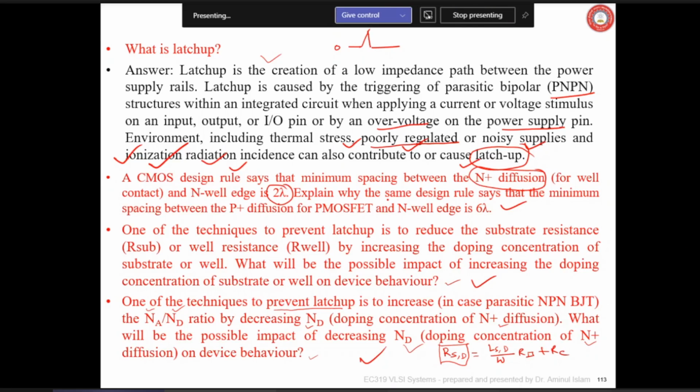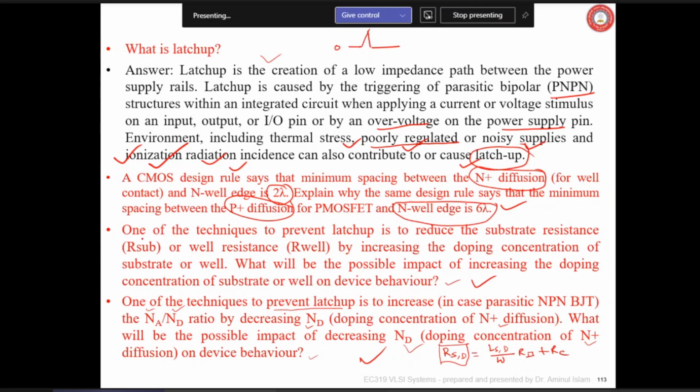Explain why this same design rule says that the minimum spacing between P plus diffusion for the PMOSFET and N well edge is 6 lambda. You don't have an idea about design rules and layout, so you may not be able to understand this point. But yes, we should discuss.